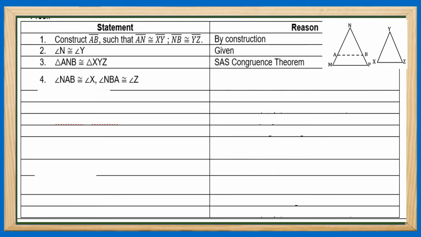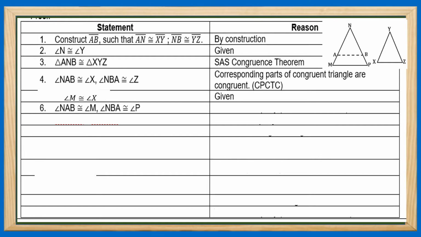Then angle NAB is congruent to angle X, and angle NBA is congruent to angle Z because the corresponding parts of congruent triangles are congruent. Then angle M is congruent to angle X, that is also indicated in the given.